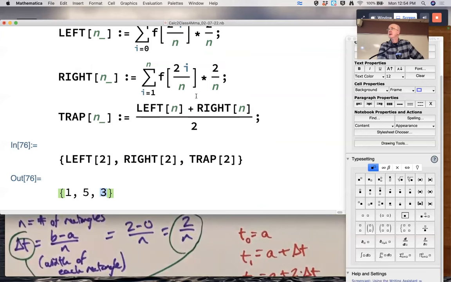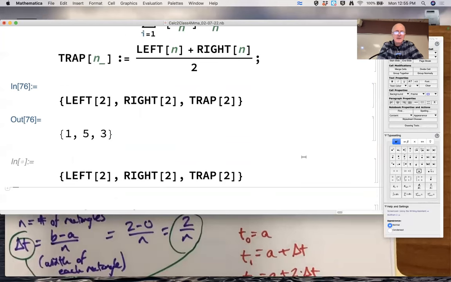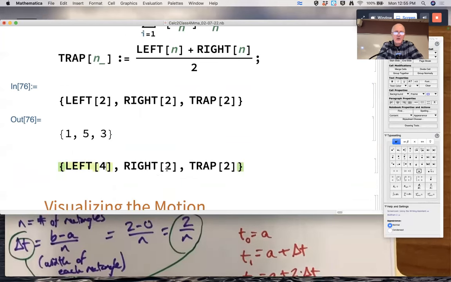Well, just increase the value of n. Let me just copy and paste to save a little time here. Control C, Control V for copy. Let's increase n to 4. Should be closer, especially the trap. Unfortunately, it gives these answers as fractions.